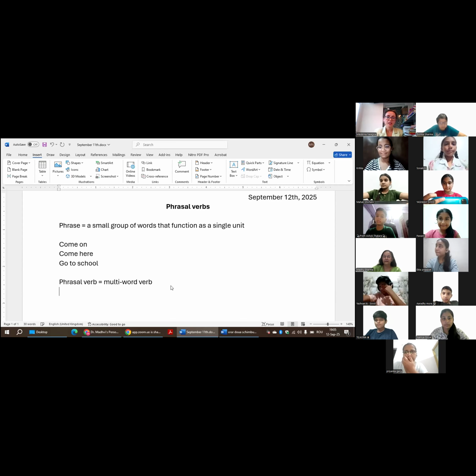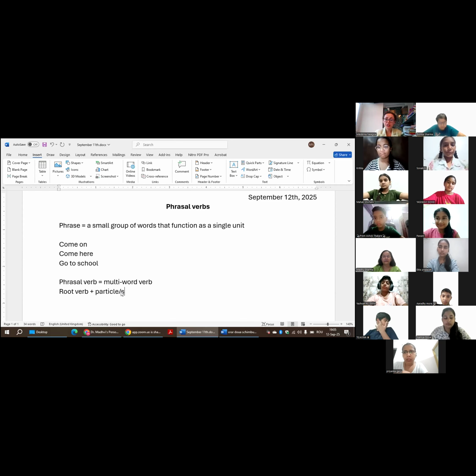So, a verb that consists of several words. The first word will be a verb. We call it a root verb. And to that we add a particle or more particles. Sometimes there are even two.